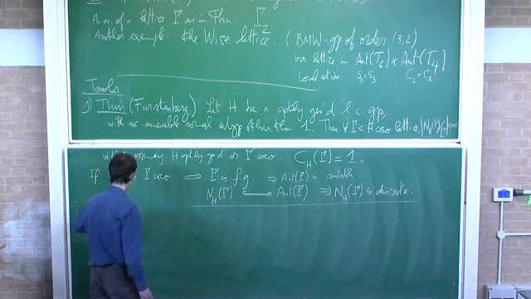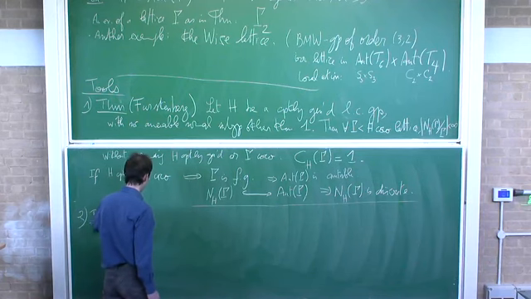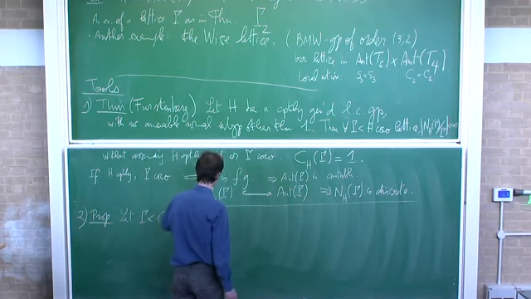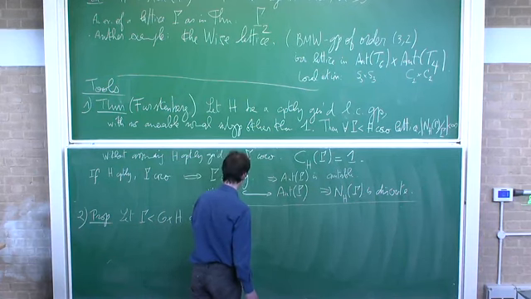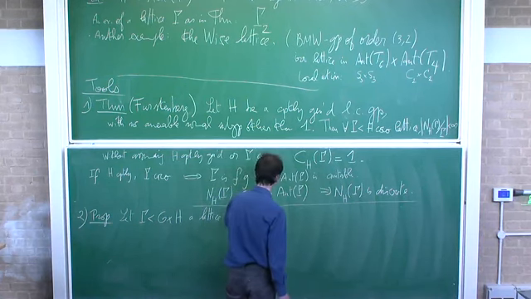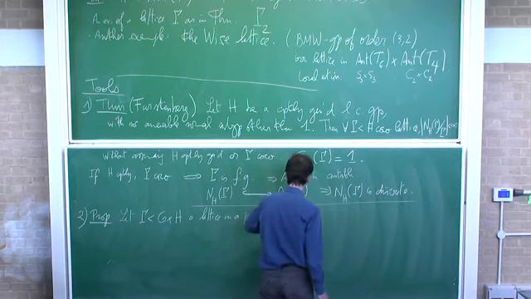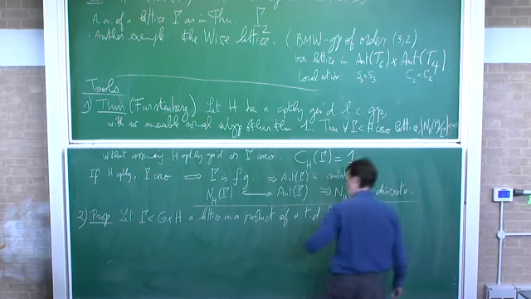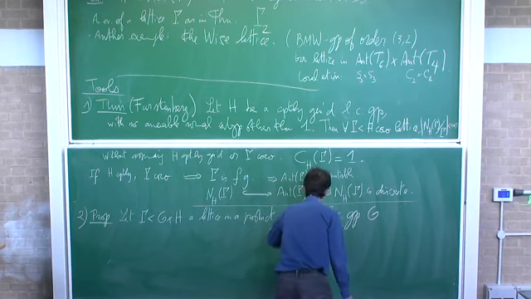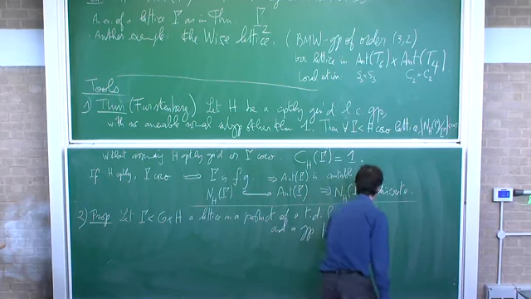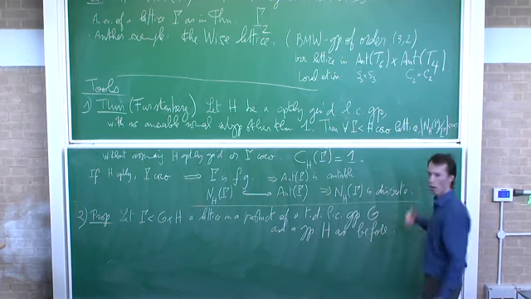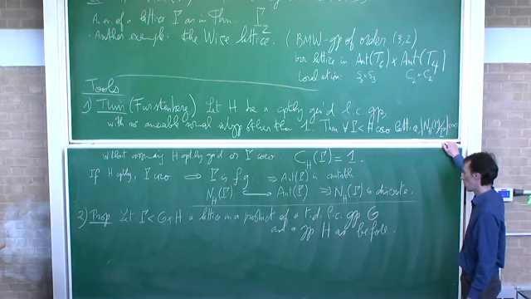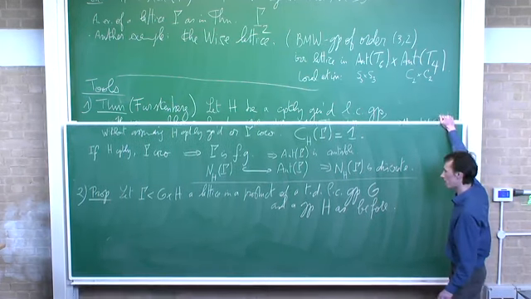So let gamma in G cross H be a lattice in a product of a totally disconnected locally compact group G and a group H as before, so compactly generated with a trivial amenable radical.